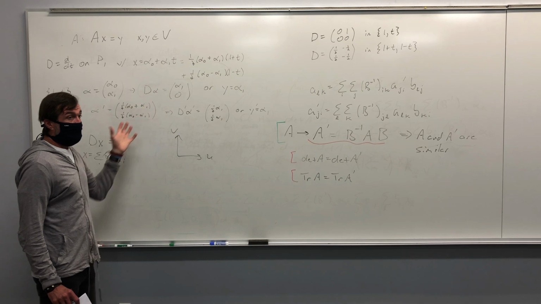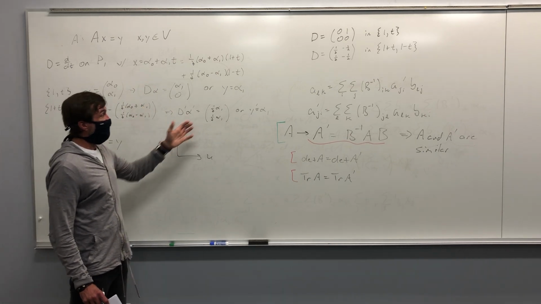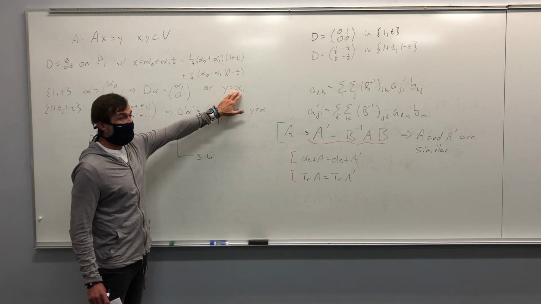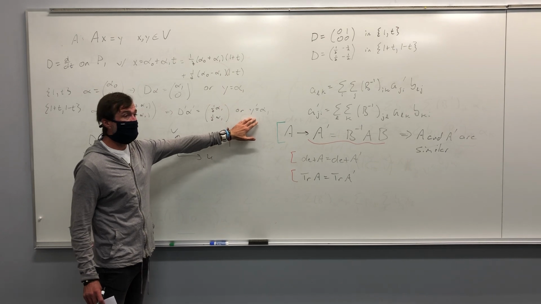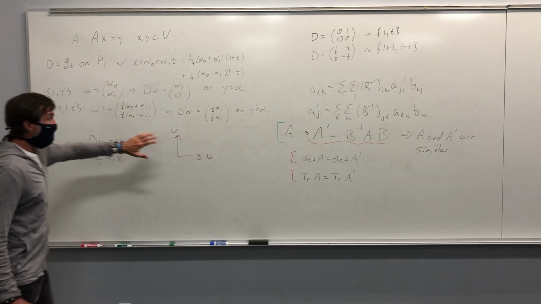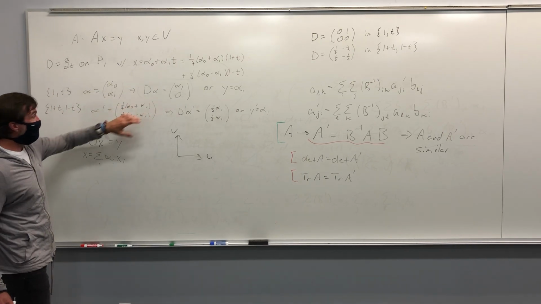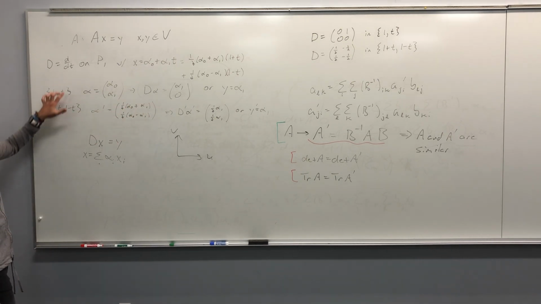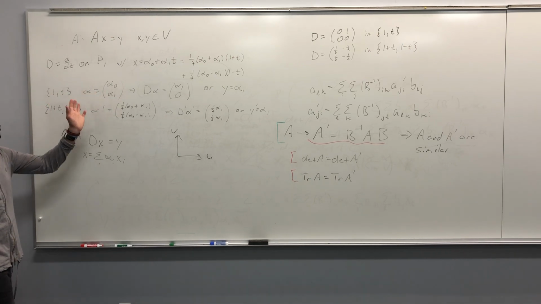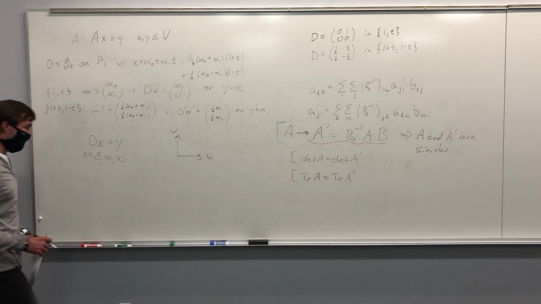But at the end of the day, what you're really describing are vectors. The vector here is the same as the vector here, because this is all done in the transformed coordinate basis from this. So I'm just going to show you that all of this results from what we just talked about.